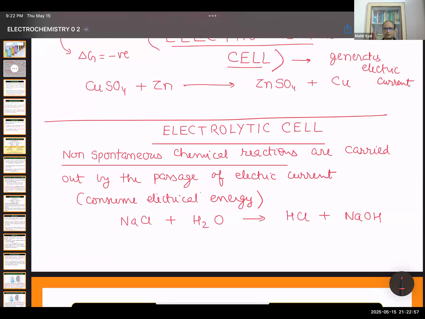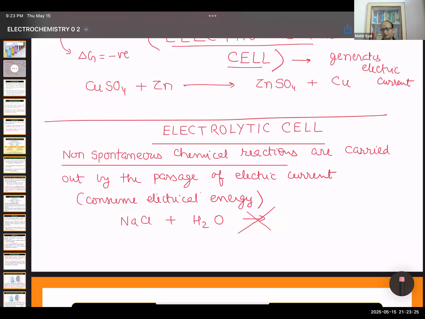Does this happen? No. Why? HCl is a very reactive acid. NaOH is a very strong base. We can't put it on the skin. So this is a non-spontaneous reaction.